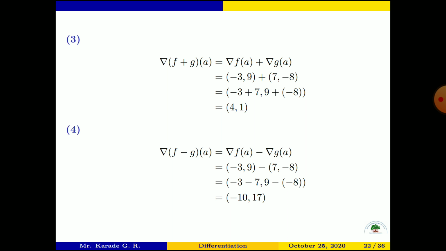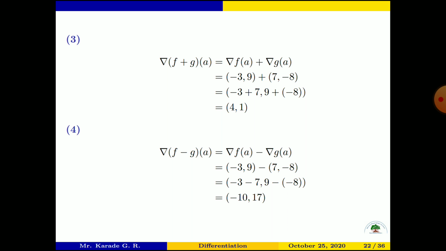By the identity, the gradient of the addition of two functions is equal to the addition of their gradients. Therefore, the gradient of f plus g at point a is equal to the gradient of f at a plus the gradient of g at a, which is the vector (-3, 9) plus (7, -8).